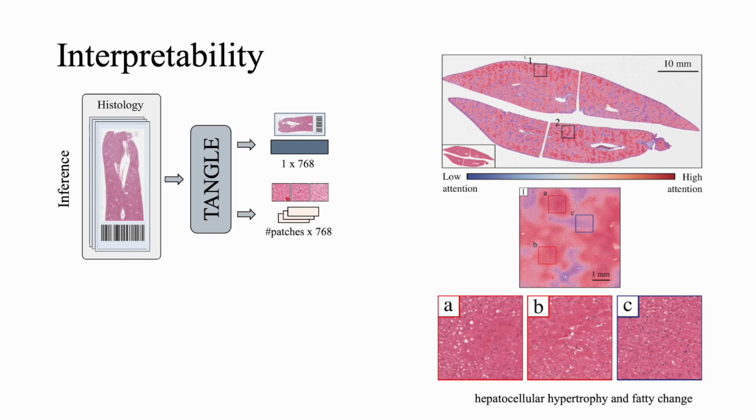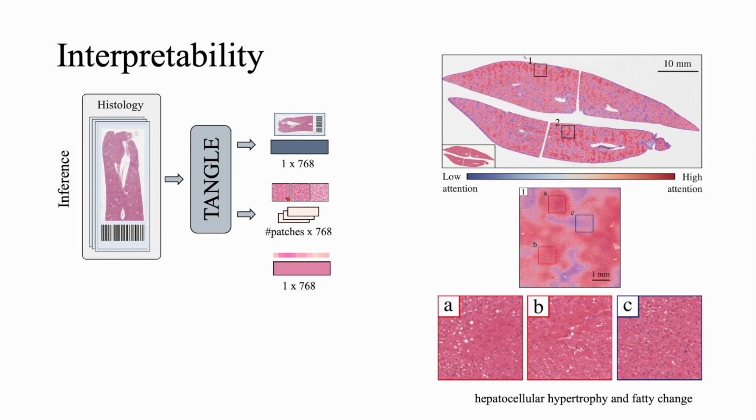Imagine the case, as I said, we don't need the bulk RNA transcriptomic data during inference, but if we have it available, we can also throw it into TANGLE. And it would output a representation of the bulk RNA sequence data.